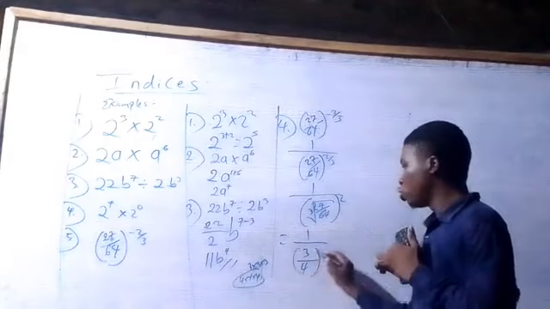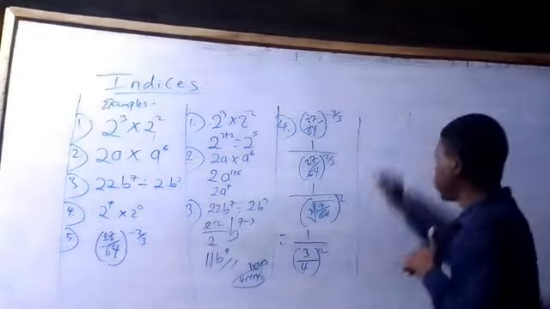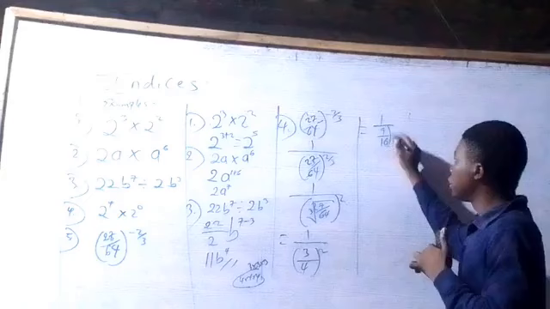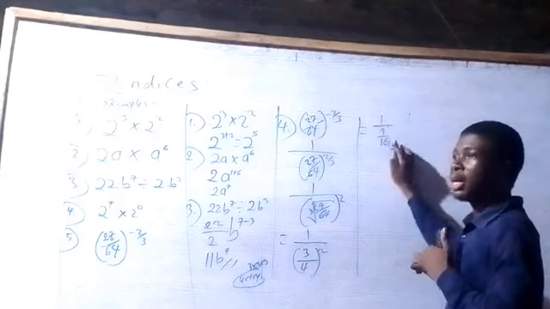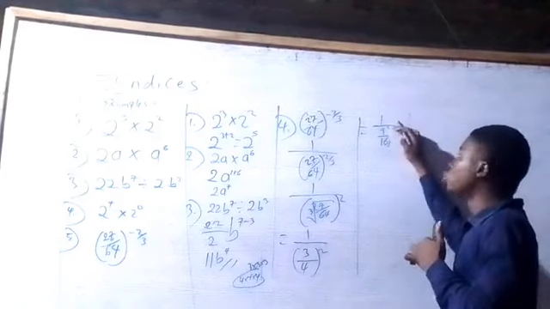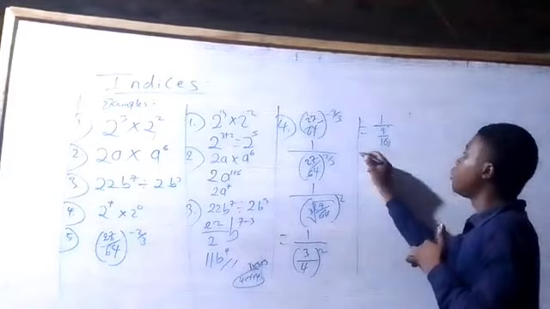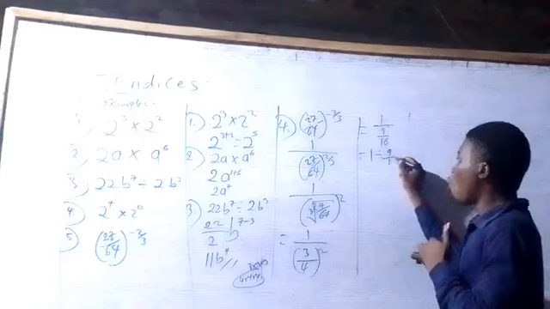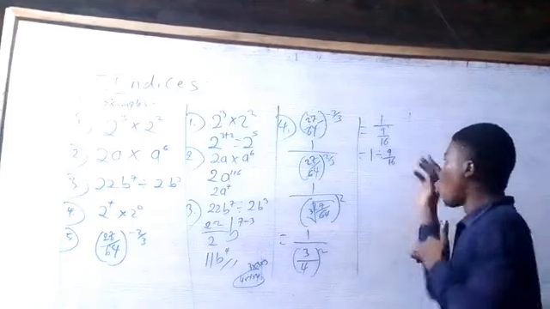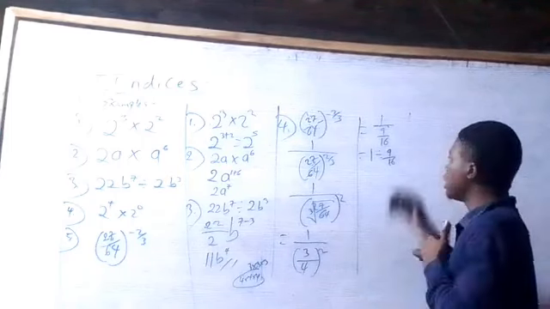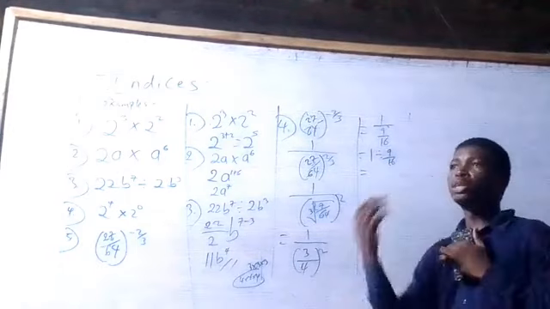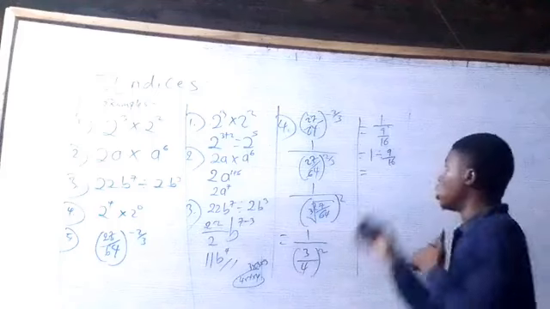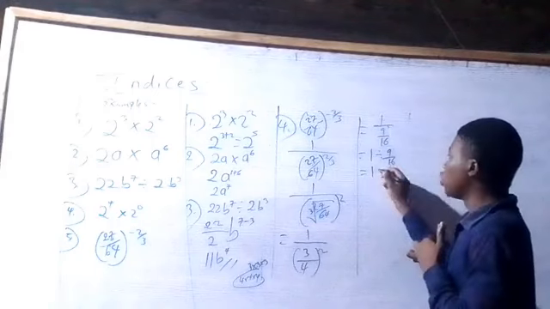So we have square. So continue from here, we have 1 over 9 over 16. Mathematically, this is wrong. You cannot have 2 over, right? So you separate them as 1 divided by 9 over 16. Now, remember when we are doing multiplication and division of fractions, change the division to what?